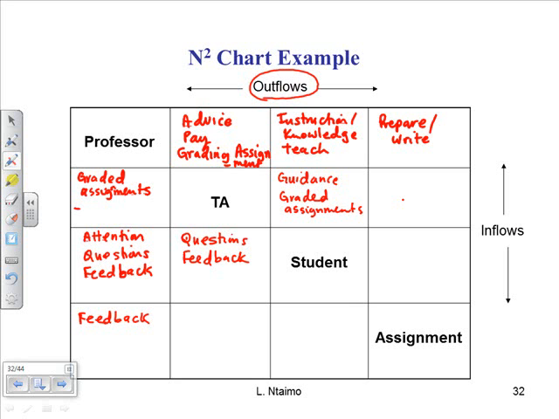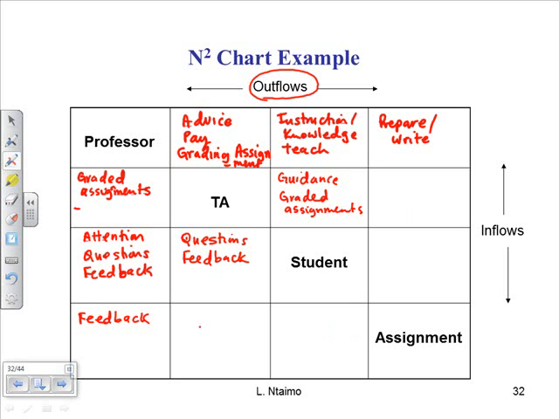TA and assignment. They may add questions or they may not do anything. So since most of you are quiet, I'll leave it blank. It's okay to leave it blank. You don't have to put stuff there if it's not there in the actual system or the system to be designed. So we'll leave this one blank.